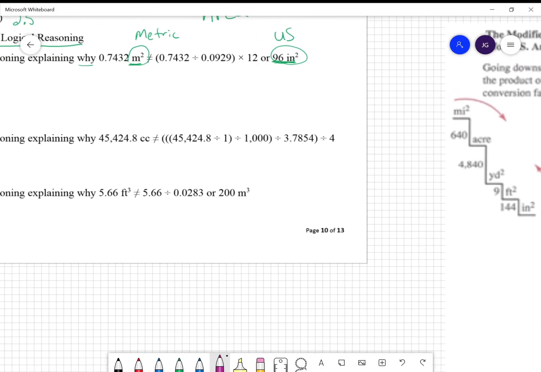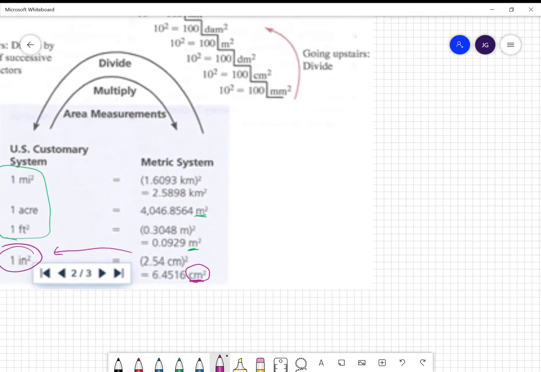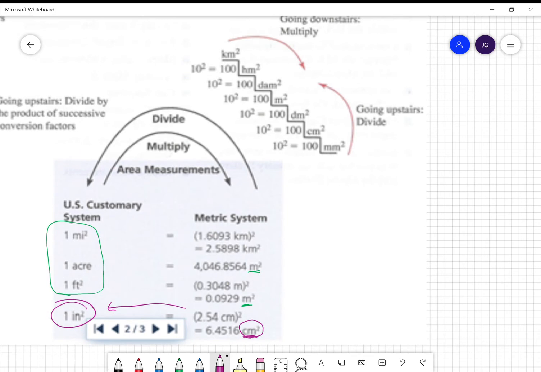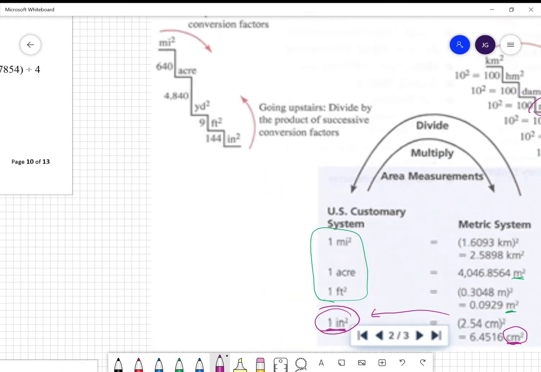Sorry, I forgot where we started. Square meters. So I am at square meters. I want to get to square centimeters so that I can convert to square inches. So that would be my given value, which is square meters, going down the steps. So I'm going to multiply by 100 to the 2nd power because I went down 2 steps.